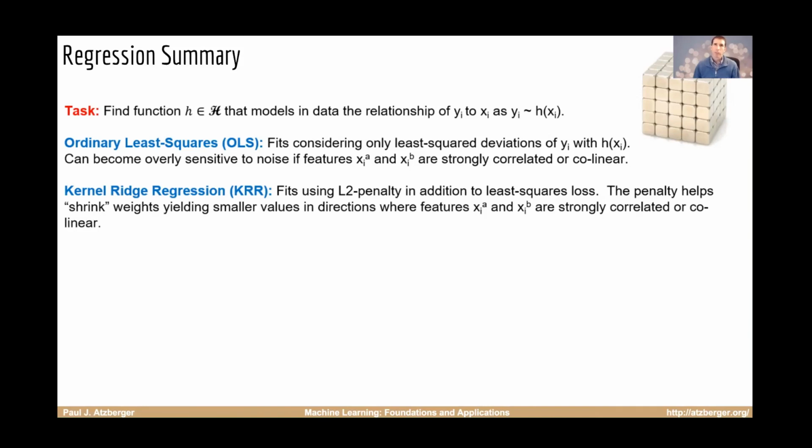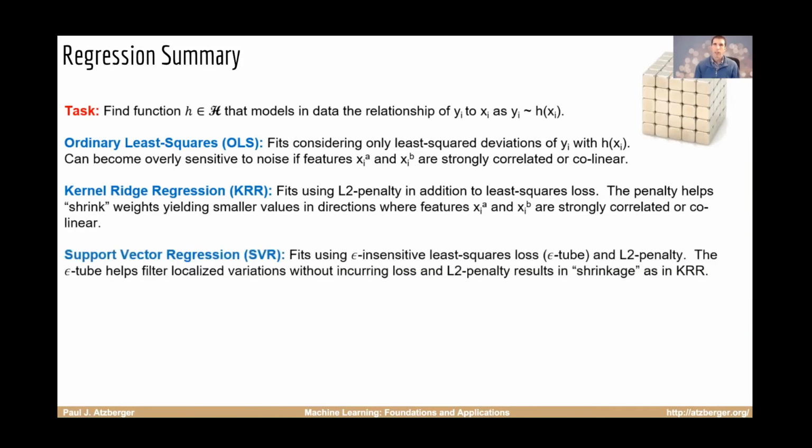We saw further that for some problems, especially when there are lots of outliers, there were some benefits of using these support vector ideas, and this led to the support vector regression based on a margin in the loss function. And we saw that that could, again, be helpful for certain learning tasks.